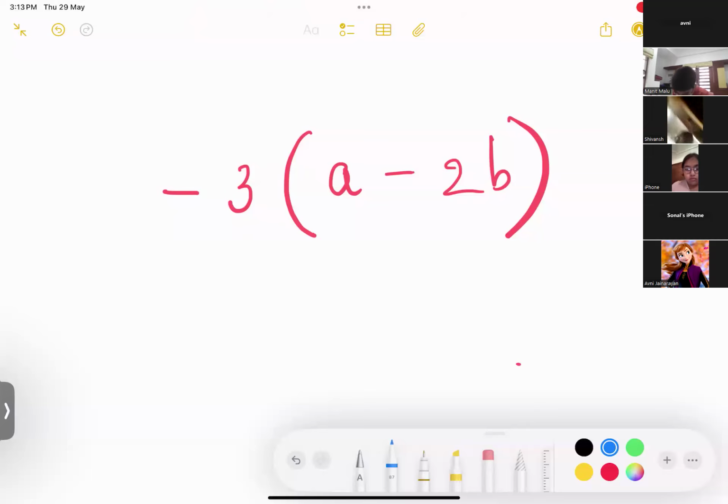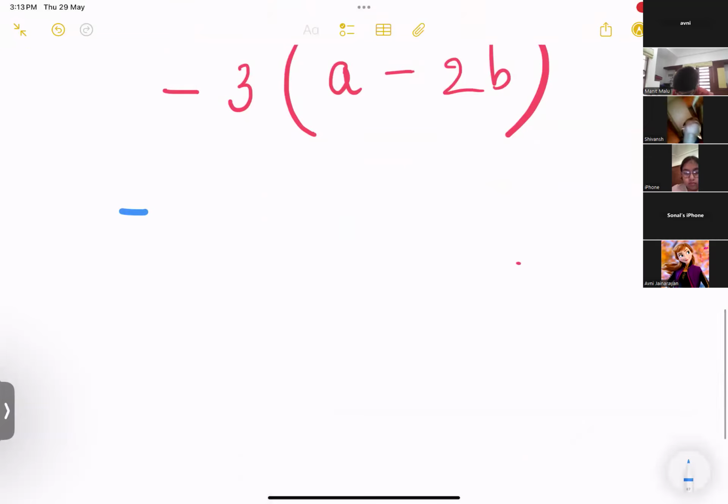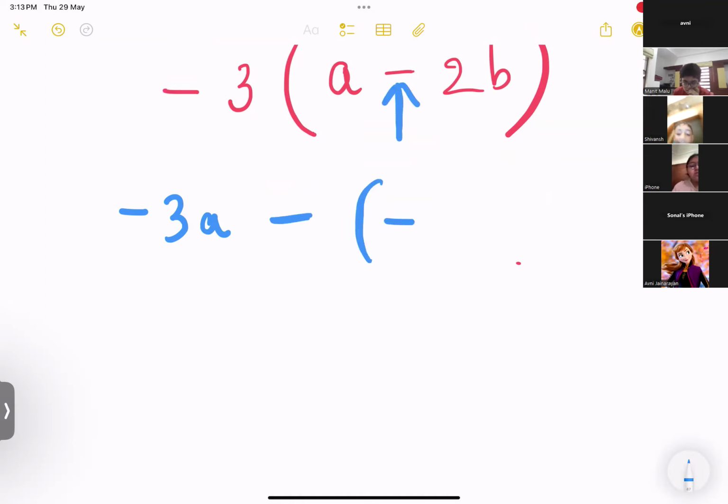Solve with me. Minus 3 times a. Okay? Then there is minus over here. I'm going to write this minus as it is. And then minus 3 times 2b. Any problem over here? Any problem?